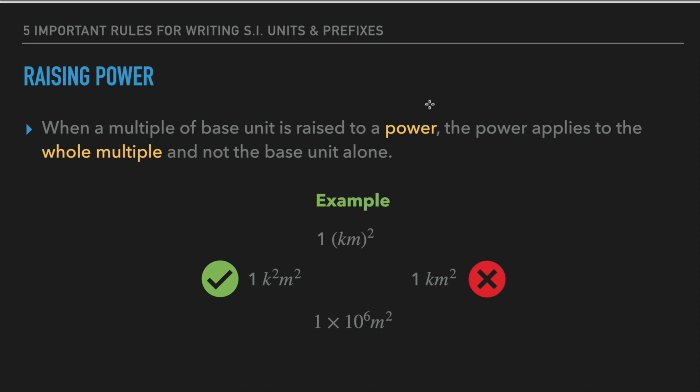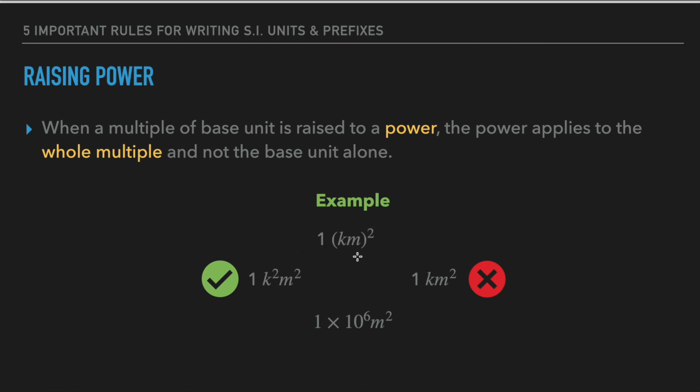If there's a prefix, then it will apply to the prefix too. Here I have a simple example of it. 1 kilometer, as you can see there are brackets, and between them it's kilometer, and it is squared, power 2.